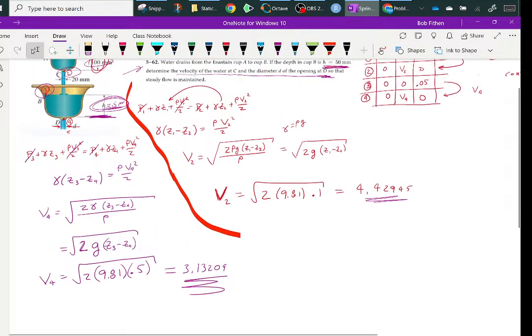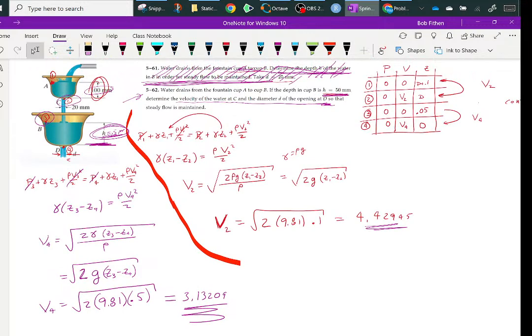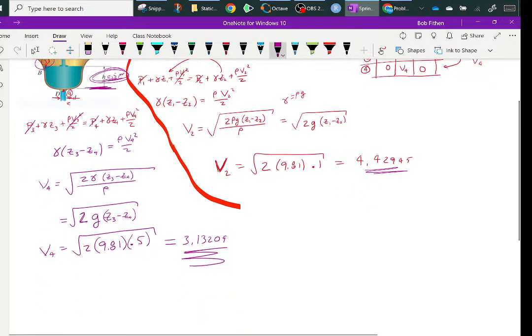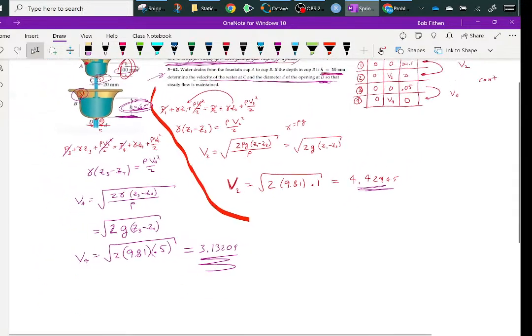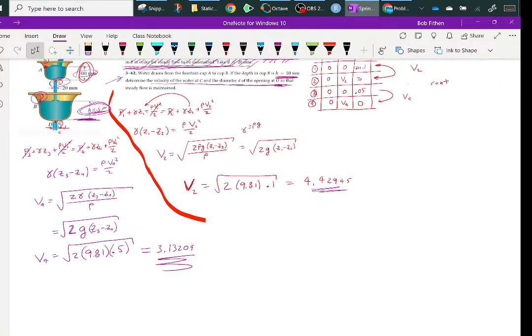Well, now, okay. I already found the velocity of the water at C, the diameter of the opening. So what I've got to do, okay, so steady flow is being maintained.